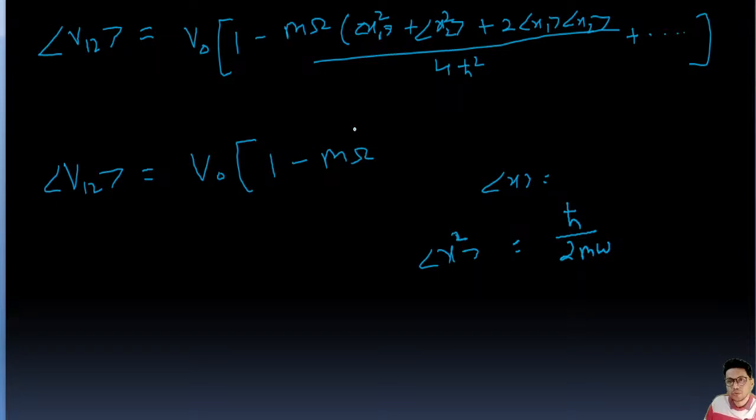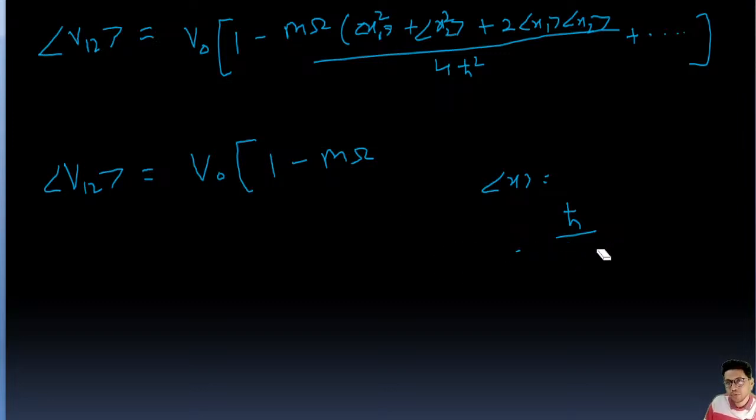So this we know, so we'll put the value here, okay. So this is the one, guys. So this we know, h cut upon 2m omega, okay. So we'll put the value.